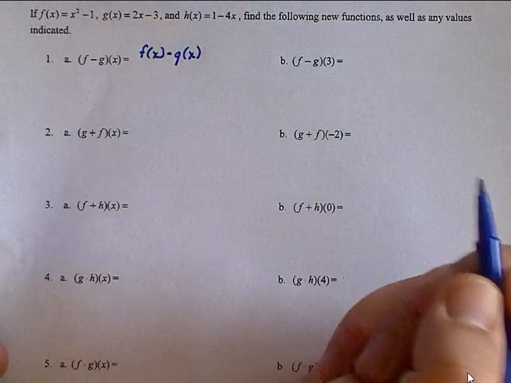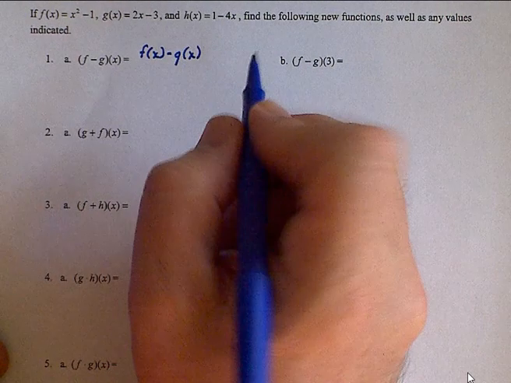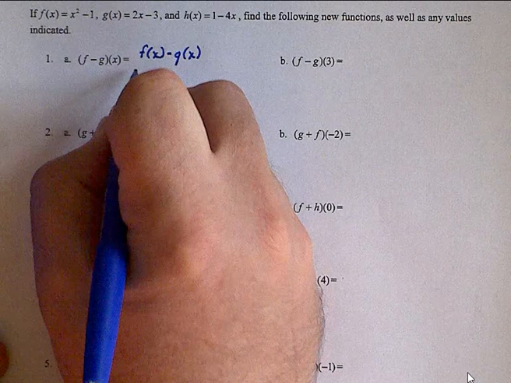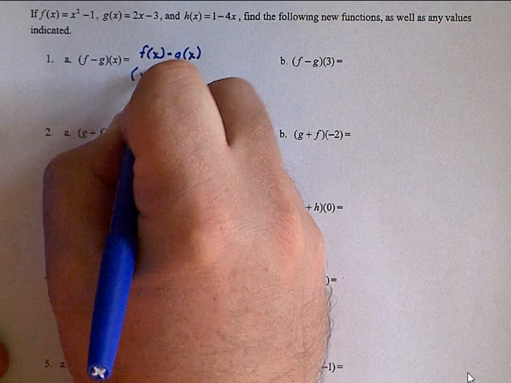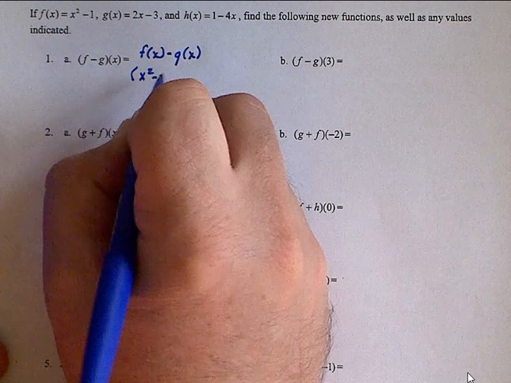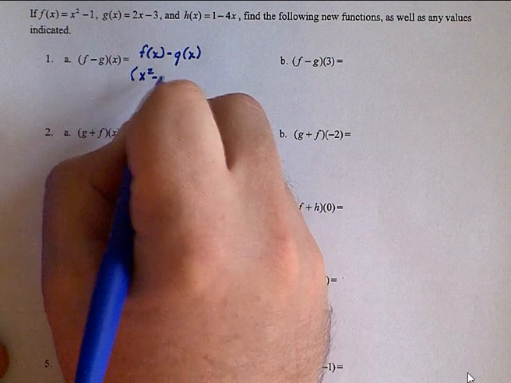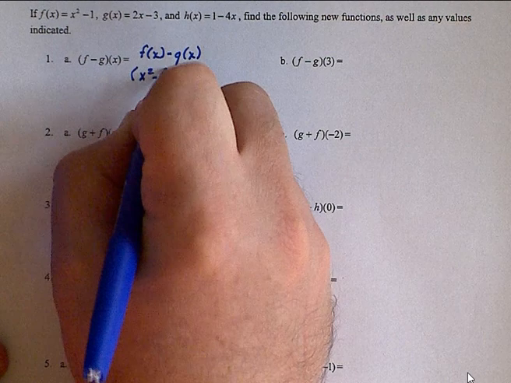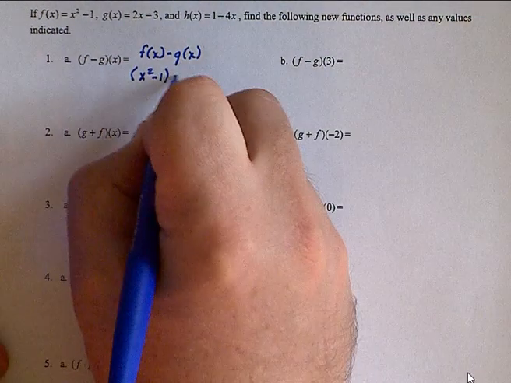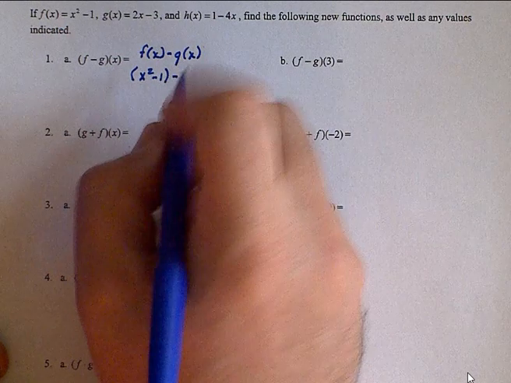So if I go back up there to the original equations, I'm going to put these in parentheses here. It's kind of important with subtraction so that I distribute that sign through. X squared minus 1 minus 2x minus 3.